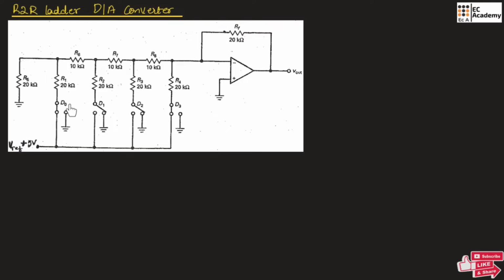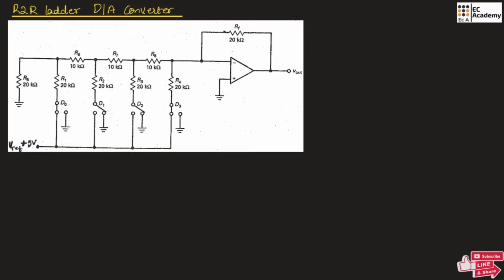In this circuit, switches D0, D1, D2 and D3 are connected to the reference voltage, or they are connected to the ground, depending upon the input binary value. These switches represent binary input bits. If the input is 1, then the switch is connected to the reference voltage, and if the input bit is 0, then the switch is connected to ground.